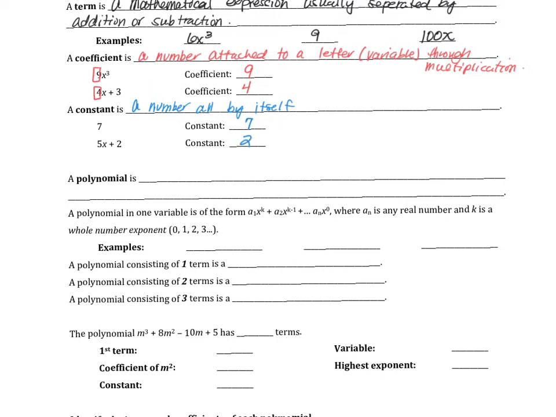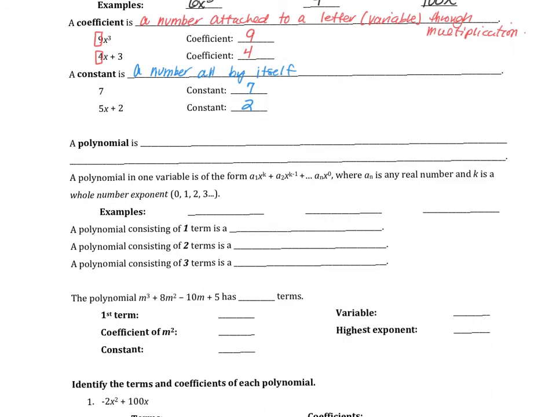Okay. So a polynomial is a mathematical expression made up of 2 or more terms. Sorry, had a blank there. Okay, so you see here's like a fancy definition. Now, some examples of a polynomial.